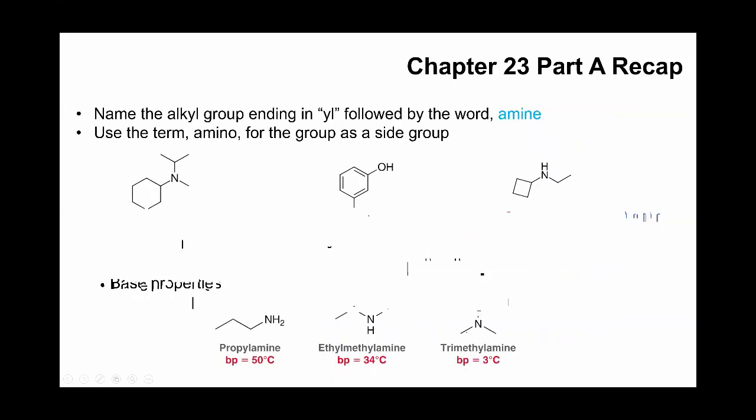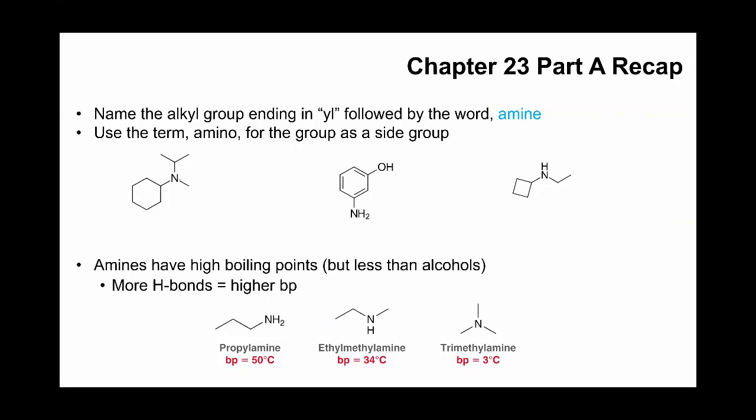All right, when we're naming amines, this is very similar to when you were naming amides, but we're going to name the alkyl group ending in the YL followed by the word amine. Or you can use amino for the side group if you have multiple functional groups. So this first one here is N-isopropyl, and then the one with the most carbon chains, if you have this tertiary here, the one with the most carbons, this one has 6.